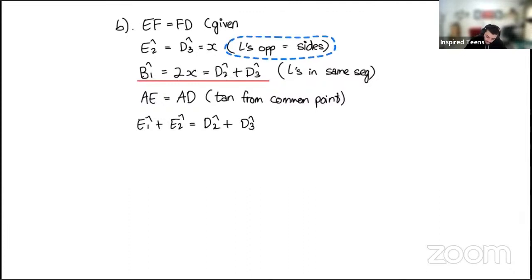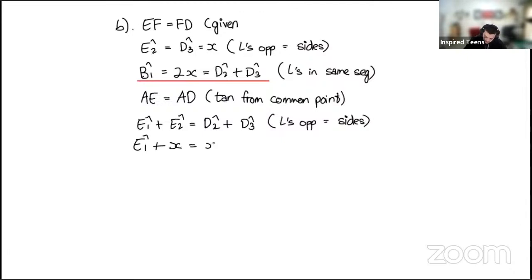And that is the same reason, angles opposite equal sides. You don't have to write this, but you can just write it's equal to x. Therefore E1 is equal to x. Since E1 is equal to x, we said that E1 is equal to D1, which is equal to x. This is also angles in same segment.